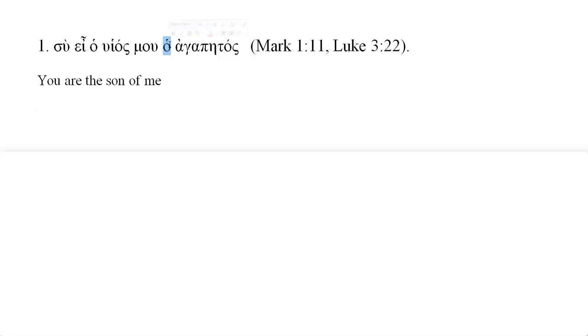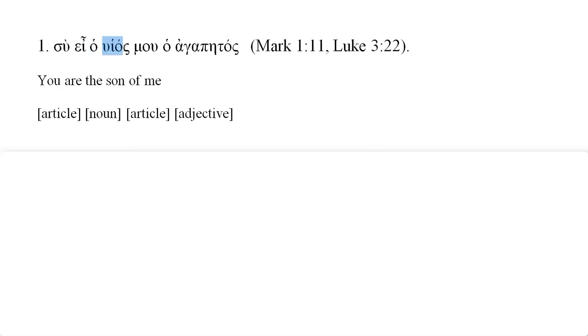Now we have ho agapetos. We have a nominative singular masculine definite article, and this adjective here also has a nominative masculine singular ending, which it should because it's coming after that definite article. What we have here is an interesting case of an attributive adjective. The second attributive pattern is article, noun, article, adjective.